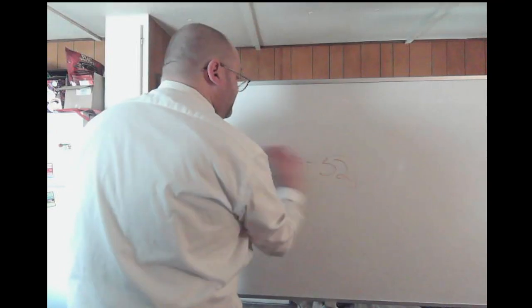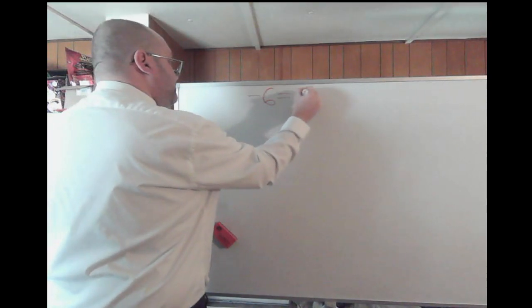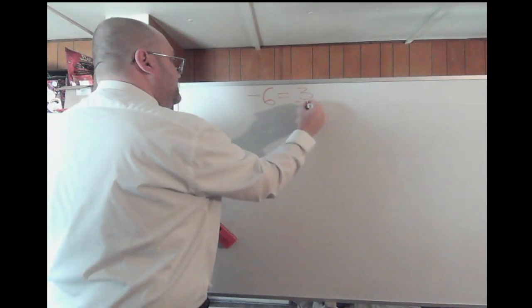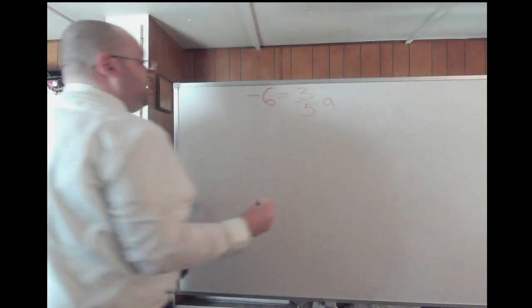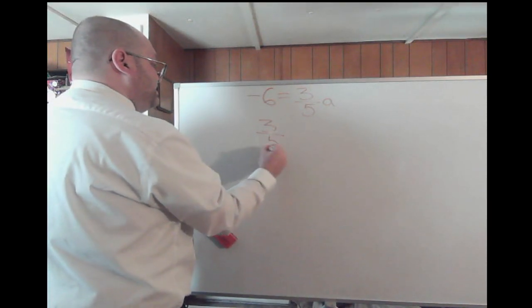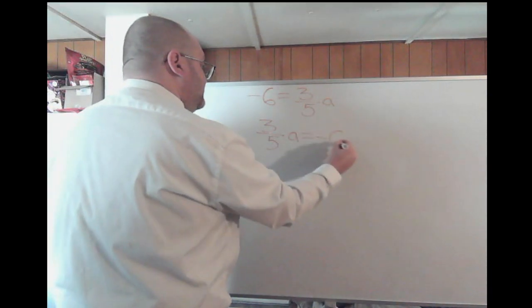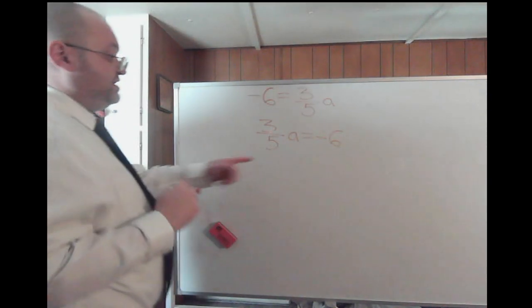Alright, one last problem. Negative 6 equals 3/5 a. Well, first switch them around again. Have 3/5 a on your left-hand side equal to negative 6. So we have 3/5 times a.